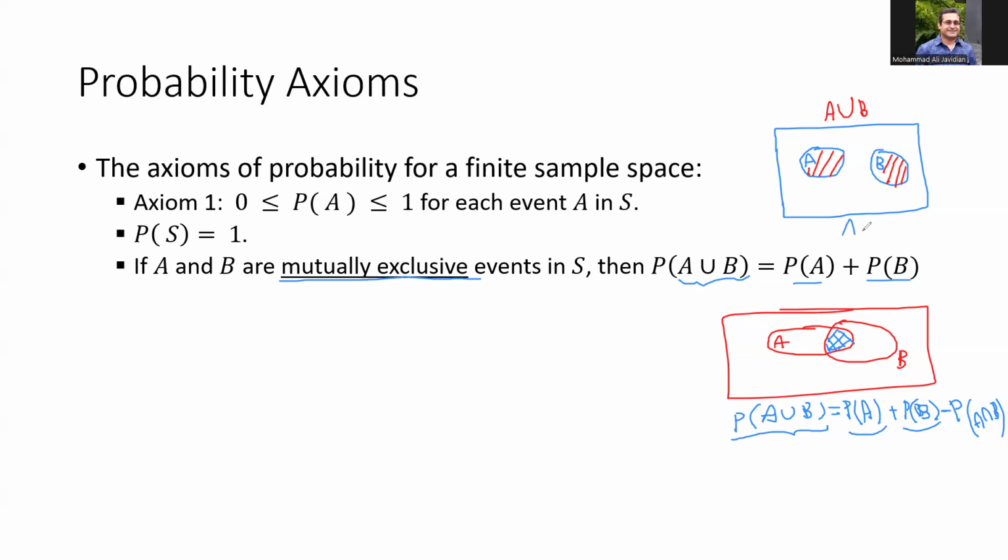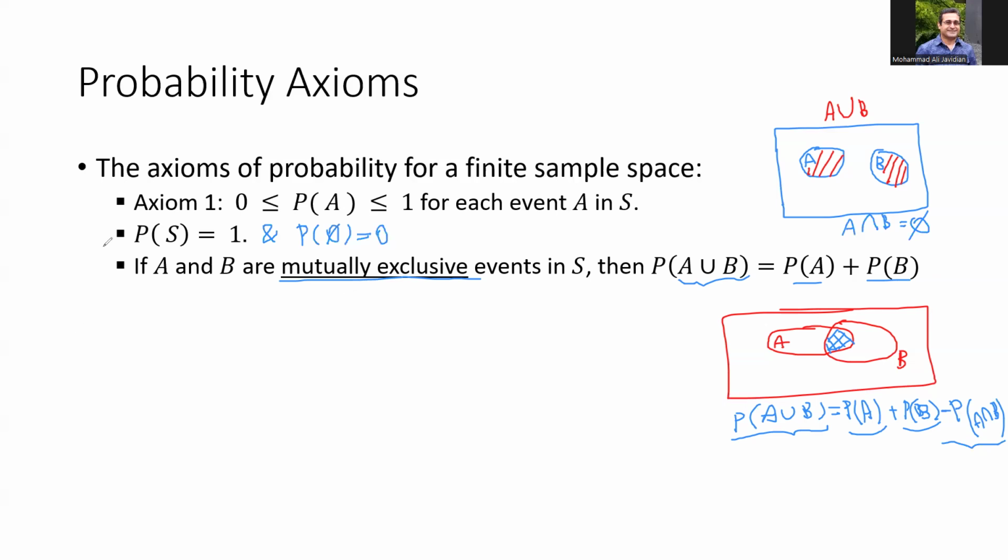A intersection B in this Venn diagram is empty. So that means the part that you're going to subtract, the probability is 0. Also, the probability of S is 1, and the probability of the empty set is 0 for sure.